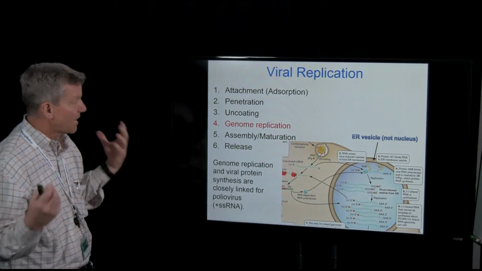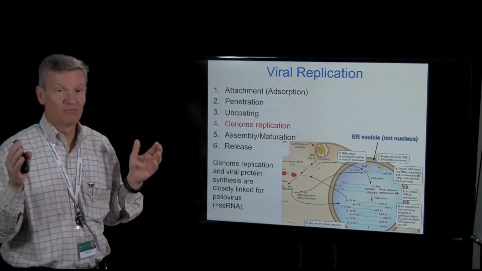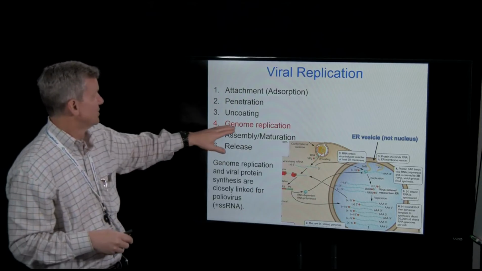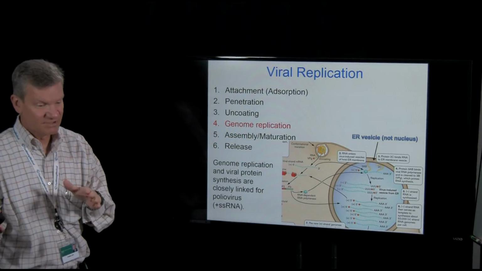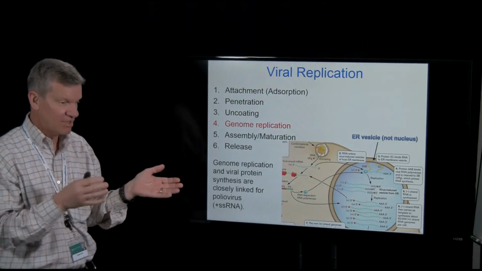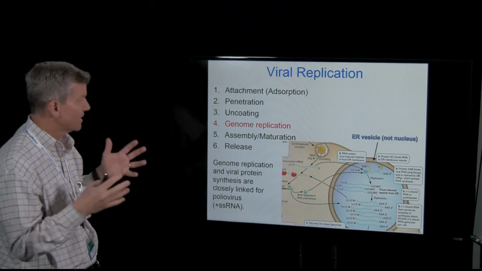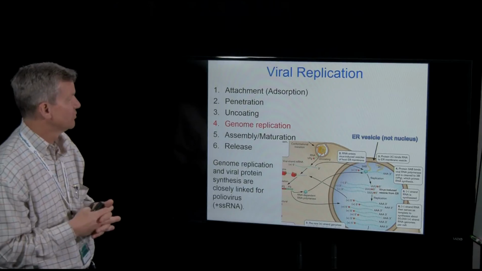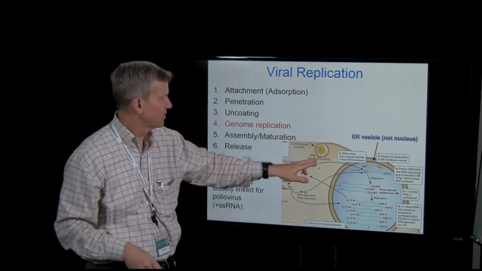Obviously a virus has to replicate itself, and that means the genome has to be replicated, whether it's positive sense RNA, negative sense RNA, which is antisense, double-stranded DNA, or single-stranded DNA. Here's an example where we had attachment, penetration, and now uncoating.